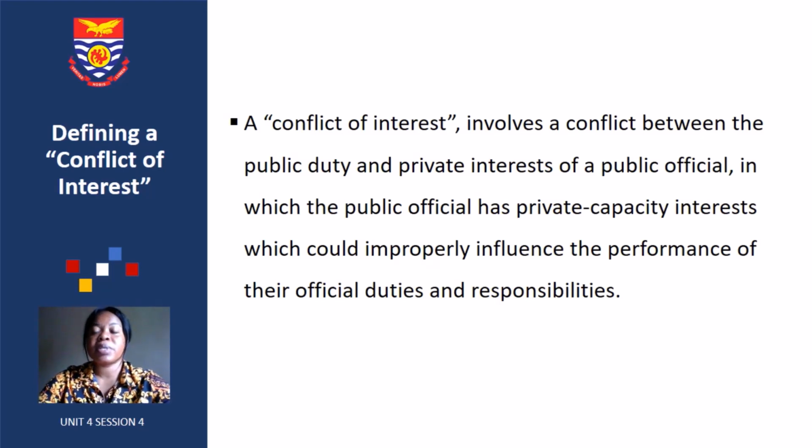Your private capacity interests are things or characteristics that benefit you, the individual who is the public officer. So if you make decisions that could improperly influence your performance in delivering your duties and responsibilities, as opposed to the general responsibilities that you owe to the organization, then a conflict of interest has occurred.